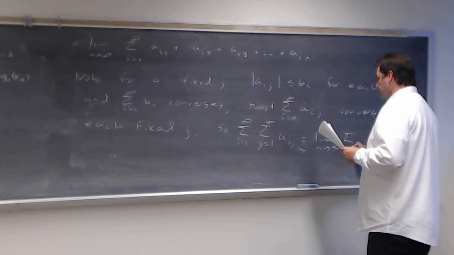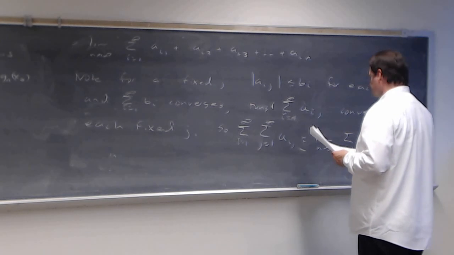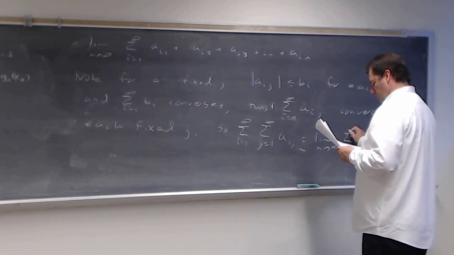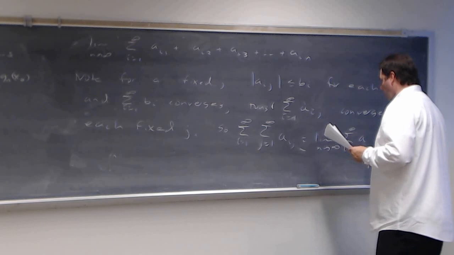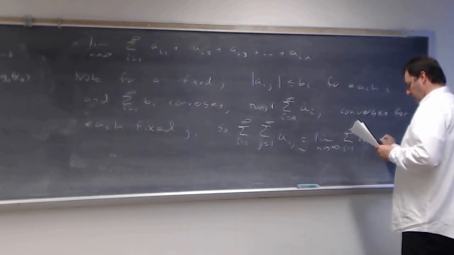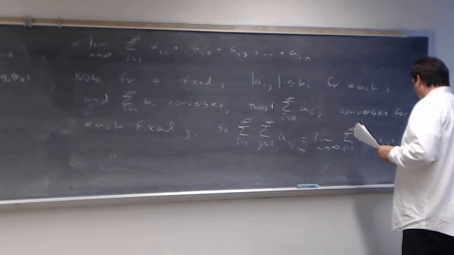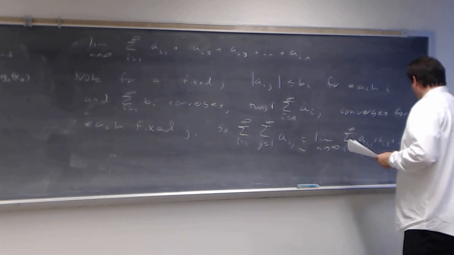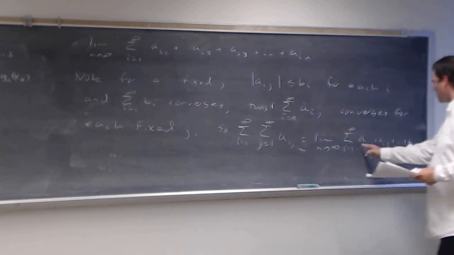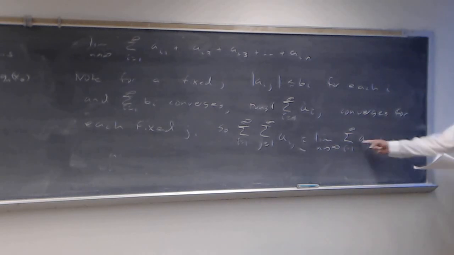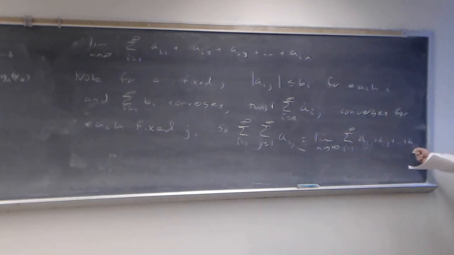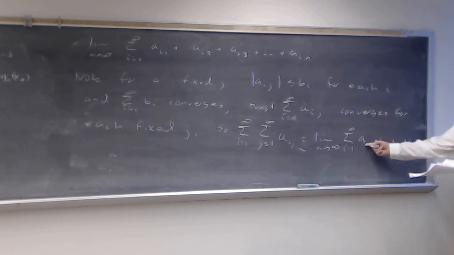Sum as i runs from 1 to infinity of a sub i1 plus a sub i2 plus all the way up to a sub ij. Look, we're saying each one of these, the summation of each one of these as i runs, converges. And so we had a fact that if you add two convergent sums, that's the same thing as the sum of the first plus the sum of the second.